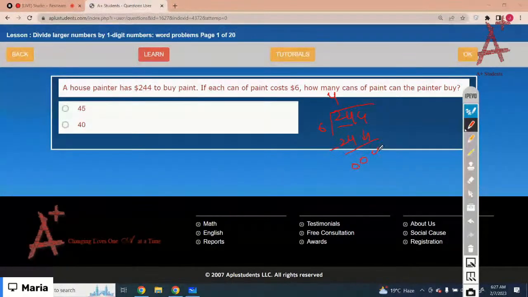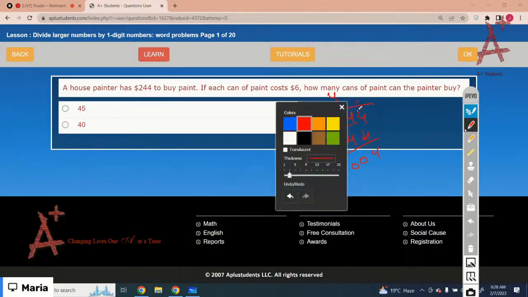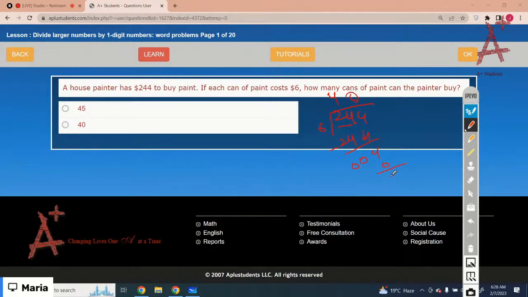Now bring the next digit down. So 6 times 0 is 0. Got it? So that means you have 40. That means the painter can buy 40 cans of paint. Got it? So the correct option is 40.